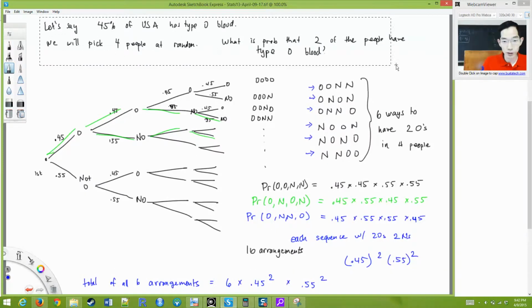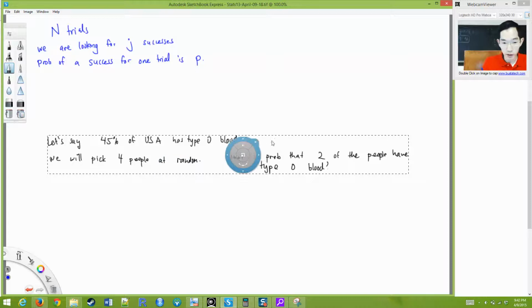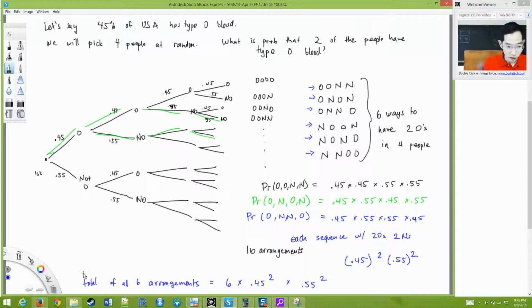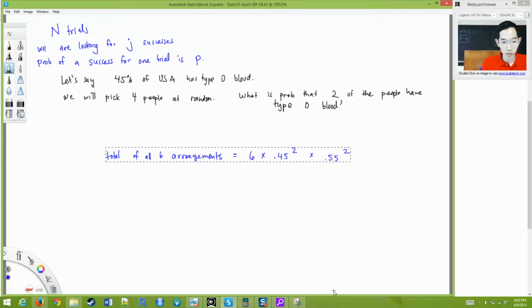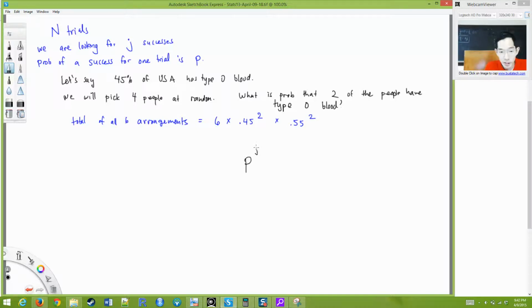So we've got this, and let's get this piece. Okay, the general form is we take the probability of a success, p, and raise it to the j. That's going to be the 0.45 squared. We're looking for j successes, and the probability of a success is p, so we do p to the j.